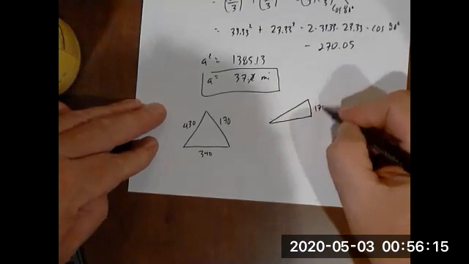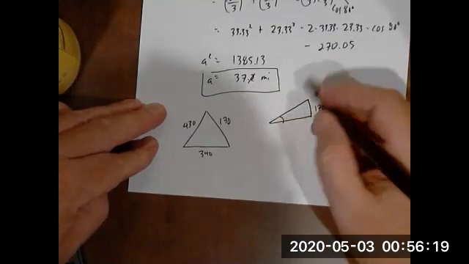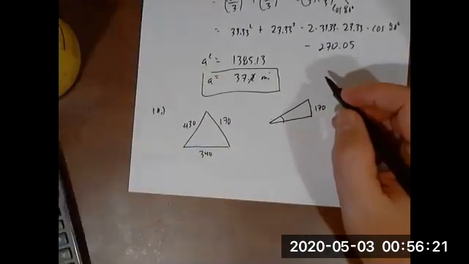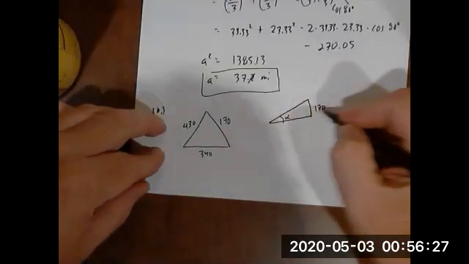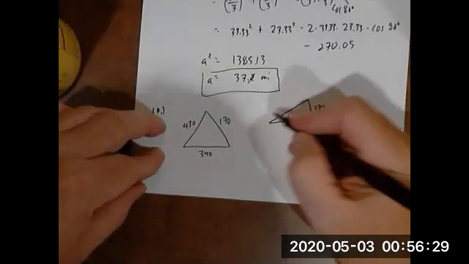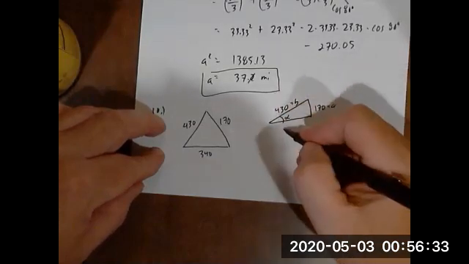So you can see the angle opposite the shortest side is obviously going to be the smallest angle. Let's call this angle alpha, so we'll call this A, and 430 we'll call B.